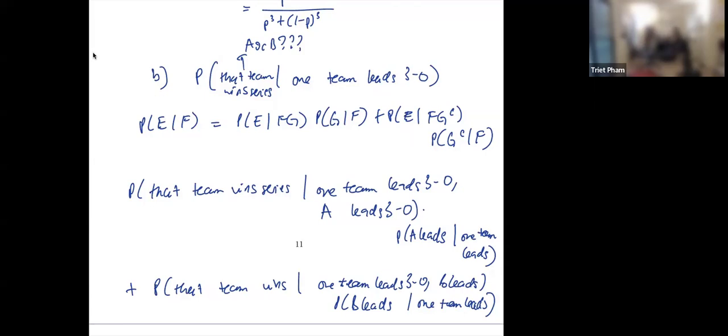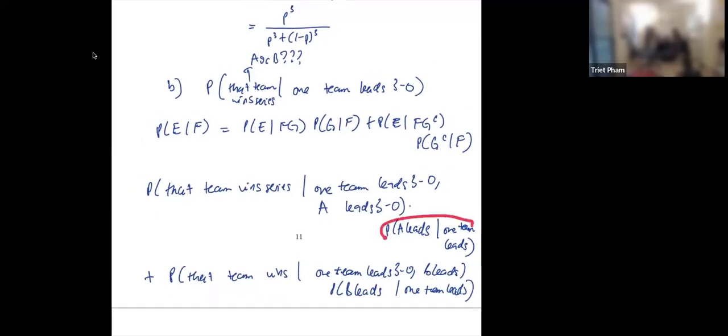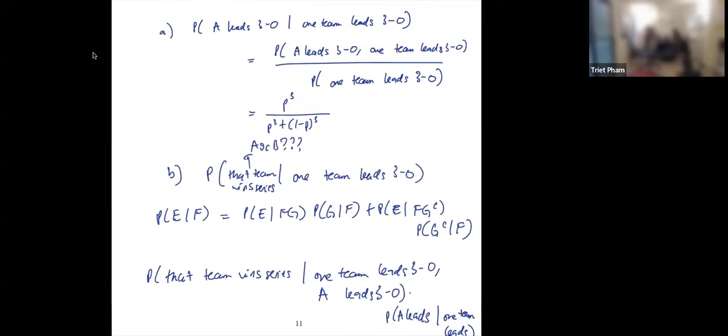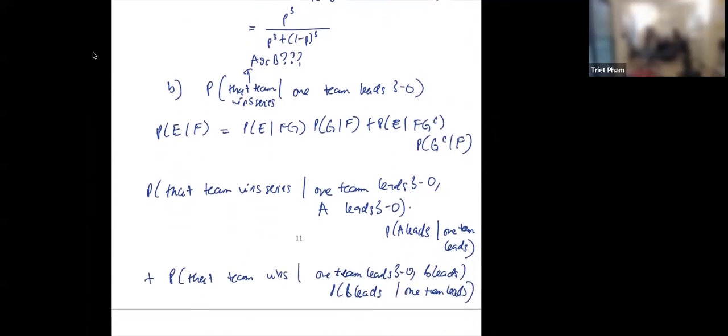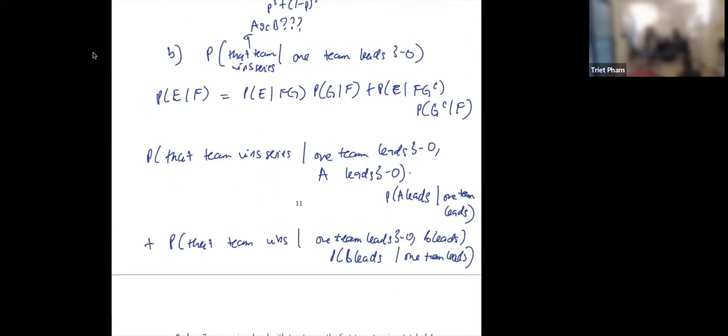Okay, so let's see. Now you see this part right here is the answer in part A. So there's something like P cubed over P cubed plus 1 minus P cubed. That's this part. Now for this, you can safely replace the word "that team" by A, and you can even ignore or erase this.